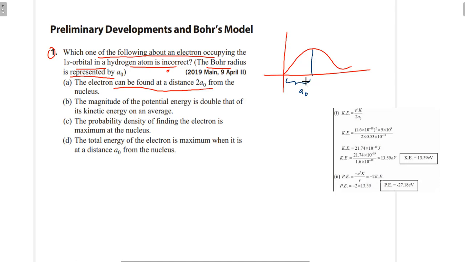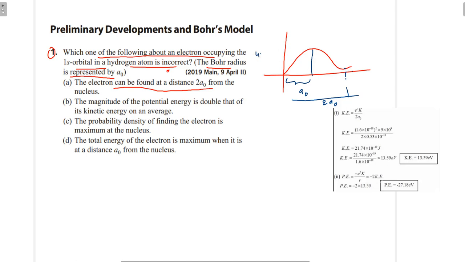The question is asking about the statement 2A0. So this is the 2A0. At 2A0 can we find the electron density or not? Of course we can find it. It is not zero. This graphical line never touched the axis.